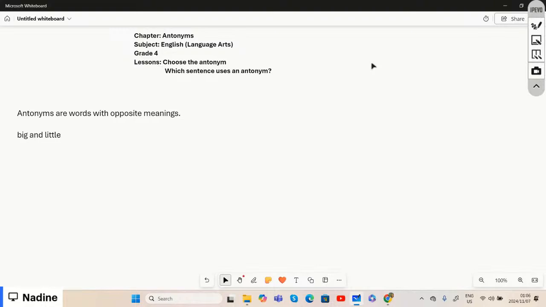All right. So antonyms, right? Antonyms are words with the opposite meaning.